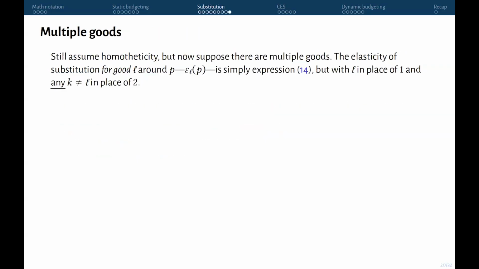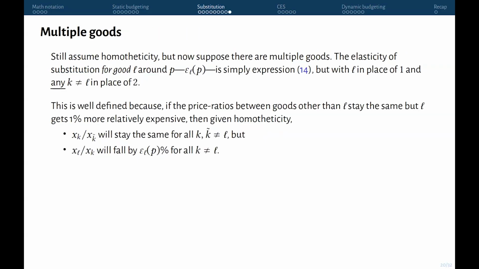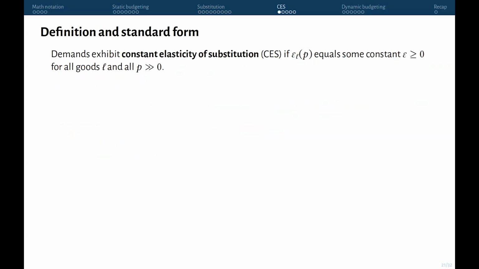Because I don't know what I was thinking. Yeah, it seems like it's true if you take one CES nest as a good. Within one CES function, you could have arbitrarily many goods and it's going to be true. Well, so maybe you need CES for it rather than just homotheticity.